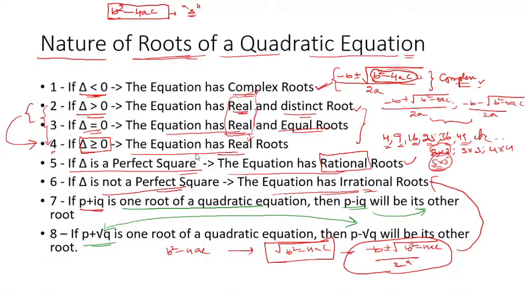So when in examination they ask about the nature of roots, what we need to do is find the interval in which the roots of the given quadratic equation will lie, and we will be finding the nature of roots based upon the value of discriminant.